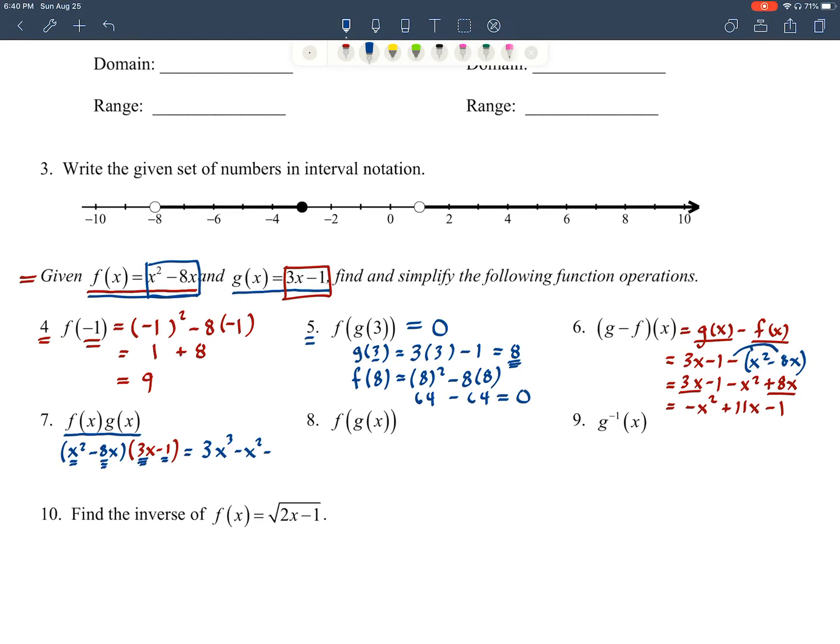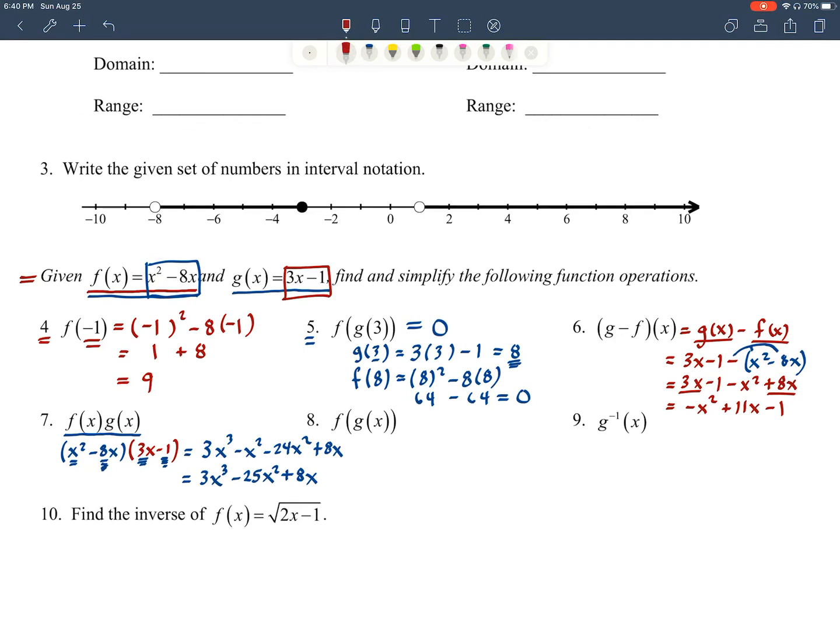That should be a negative 24x squared. And then I'm going to do that negative 8x times my negative 1, which would be a positive 8x. Let's just combine our like terms here. So we've got 3x to the third minus 25x squared plus 8x.